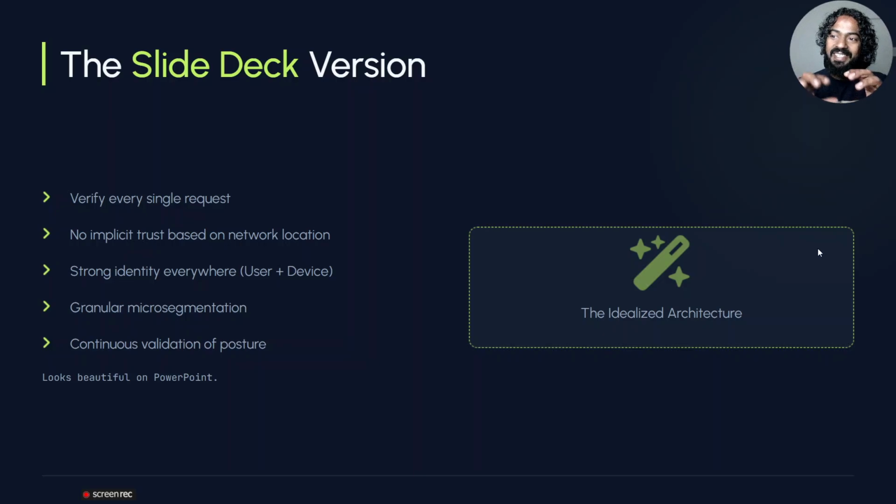So this is the slide deck version of zero trust. Verify every request, no implicit trust, strong identity everywhere, microsegmentation, continuous validation. Looks clean, looks simple, right? Every vendor diagram shows perfect enforcement points and beautiful identity flows.